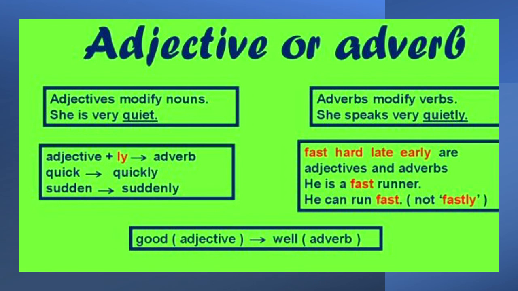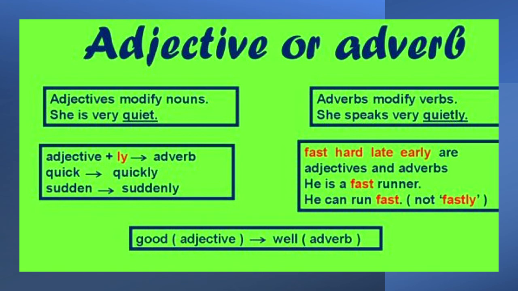But if we say she speaks very quietly, here quietly tells you about the action of speaking. That means quietly is telling you about the verb. So quietly is an adverb. Okay. So adjectives become adverbs by adding ly sometimes, like quick, quickly, sudden, suddenly, happy, happily, careful, carefully, loving, lovingly.